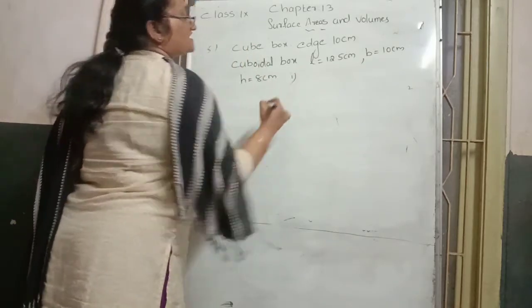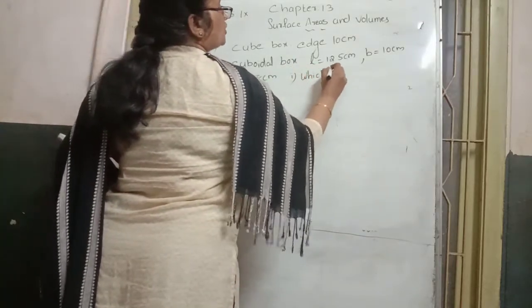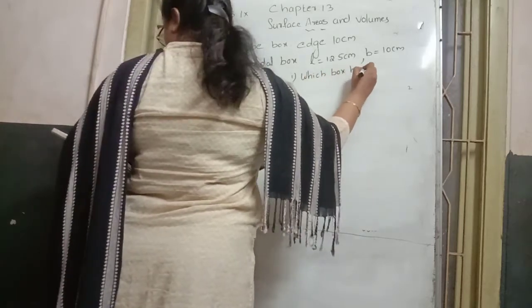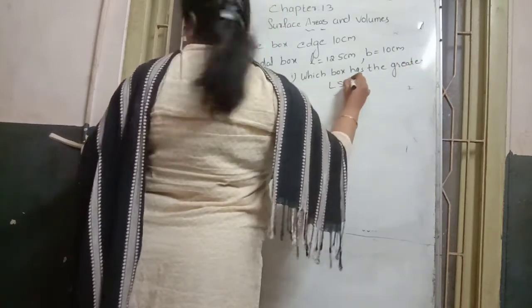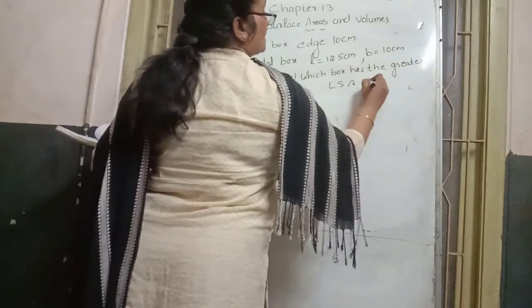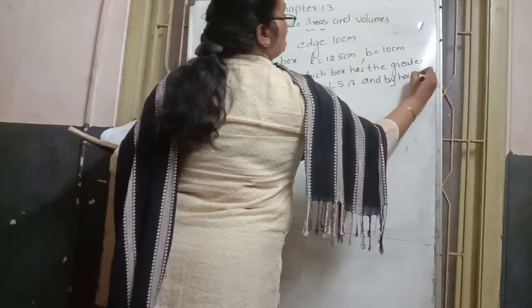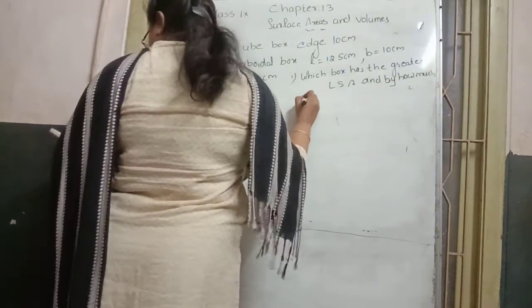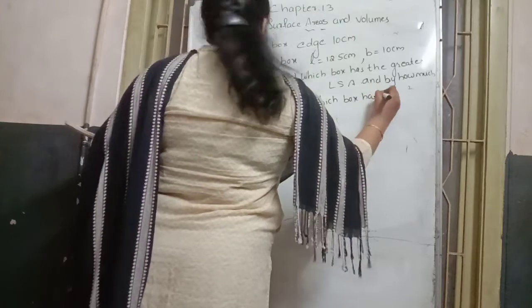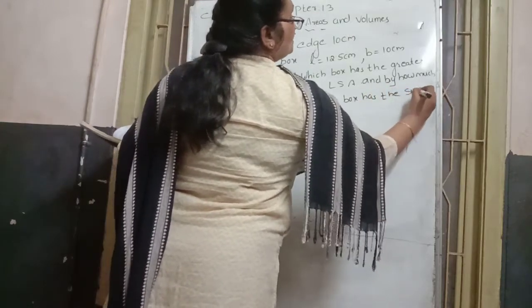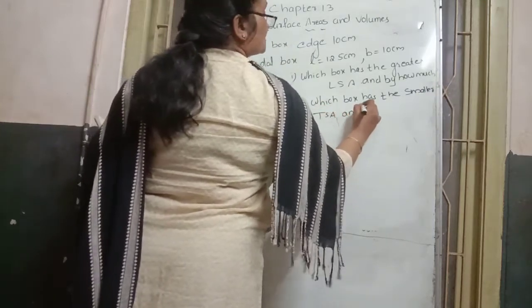They have given two parts of questions. In the first part they ask which box, the cube box or the cuboid box, has the greater lateral surface area, LSA, and by how much is the difference. The second part asks which box has the smaller total surface area, TSA, and by how much.